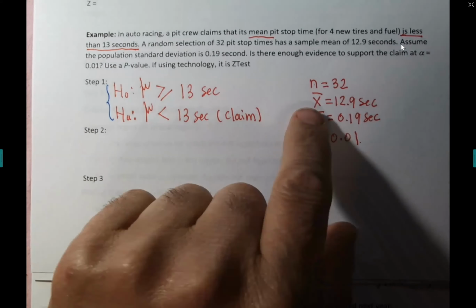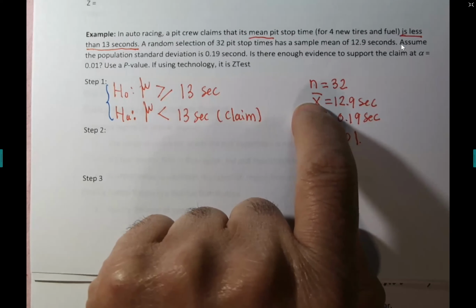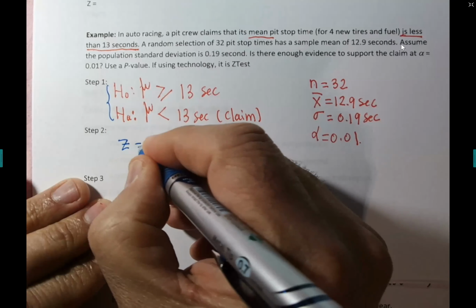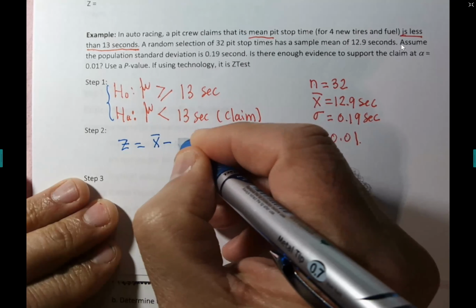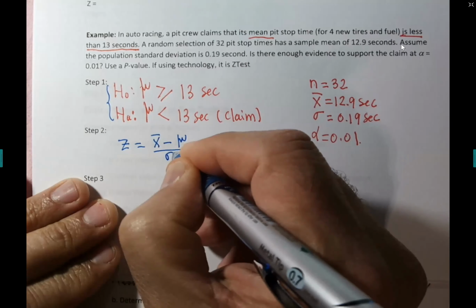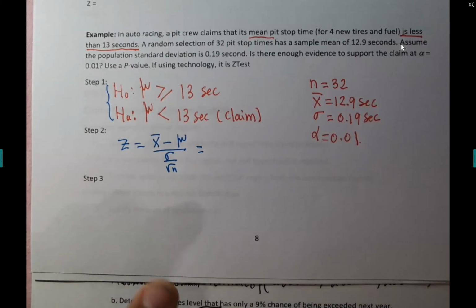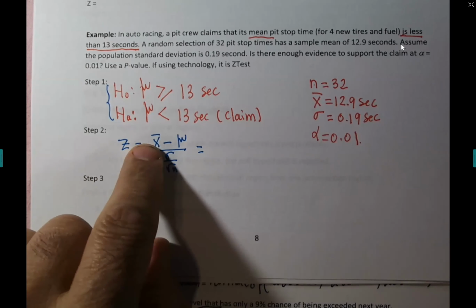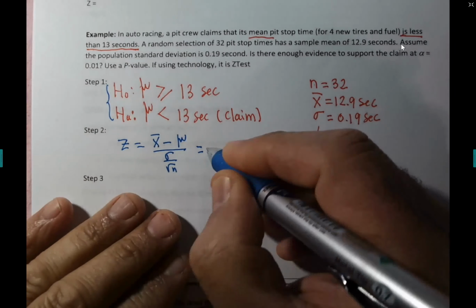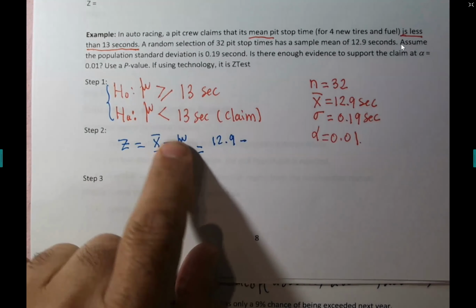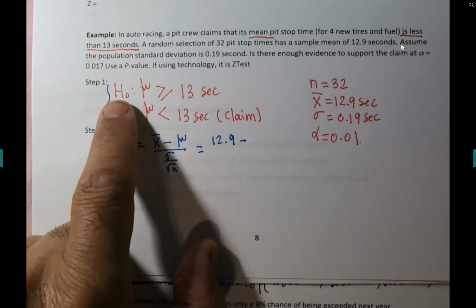Step 2, guys, we need to transform this value, X bar, to a Z-score. And I gave you the formula just earlier. This is the formula. So X bar, we know it's 12.9, minus... we assume that the null hypothesis is true until proven otherwise.